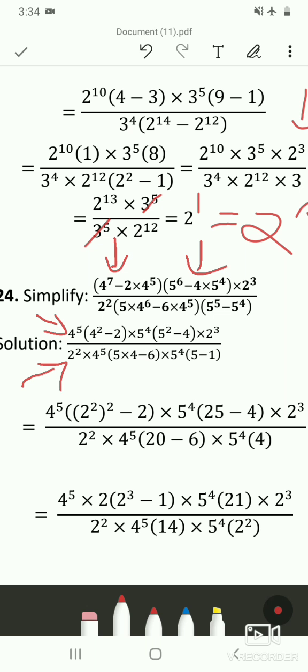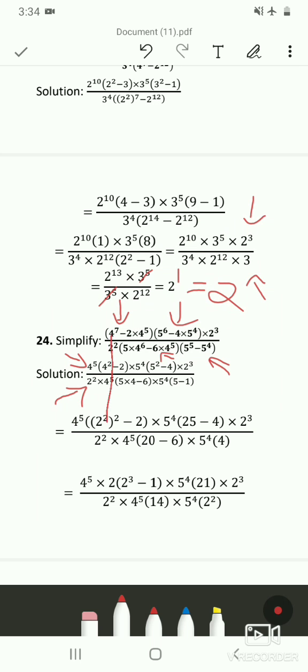Similarly in the denominator, here 4 raised to 5 is common, so 2 square is as it is, so you're taking out 4 raised to 5 common, so you'll be remaining with 5 into 4 minus 6 into, again in this term 5 raised to 4 is common, so 5 raised to 4 into 5 minus 1.